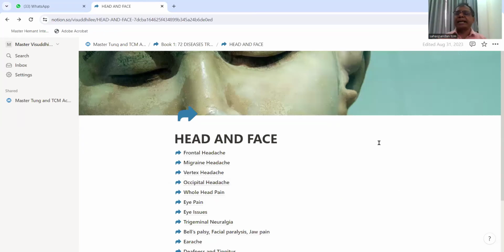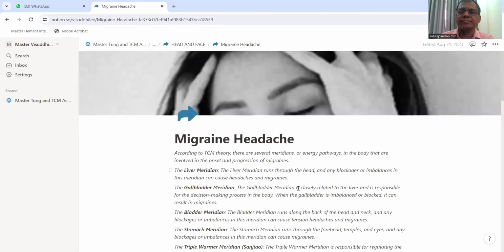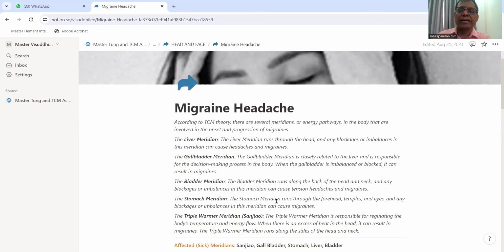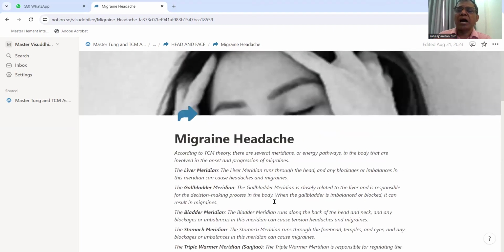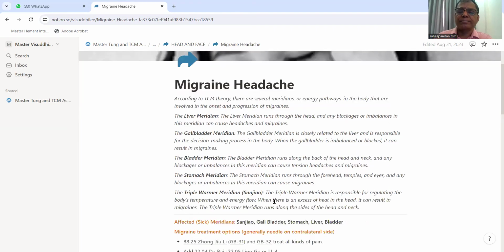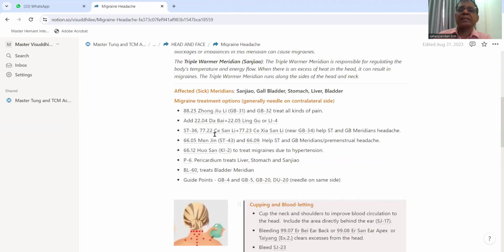If there is migraine headache, the meridians involved are the liver, gallbladder, urinary bladder, stomach and triple heater meridians. The affected side meridians are triple heater, gallbladder, stomach and liver.